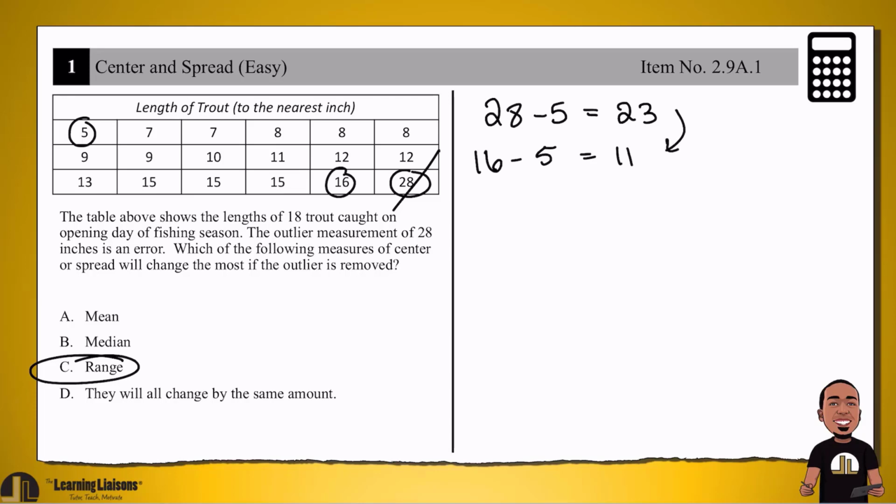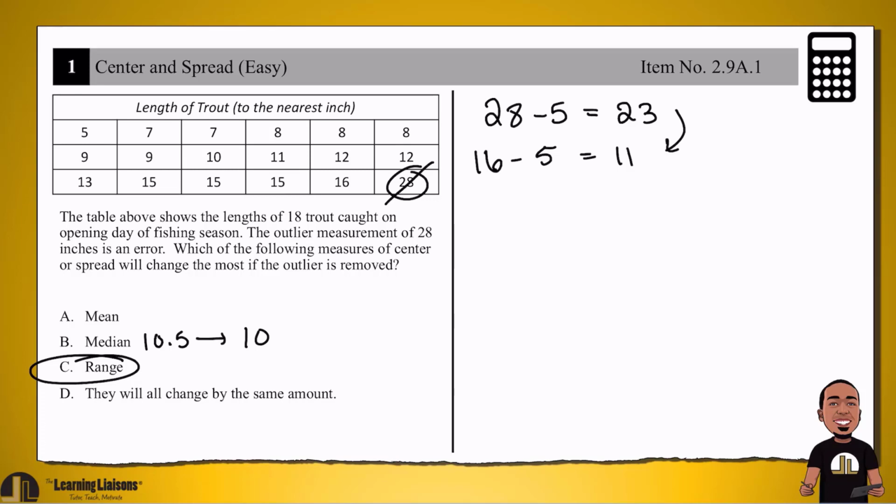Now, if you were to compute the median from beforehand, it would have given you 10.5. If you were to compute the mean after eliminating the 28, you would get 10. Computing the original mean, this would all add up to 208.